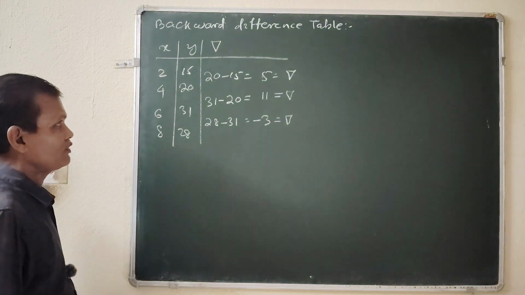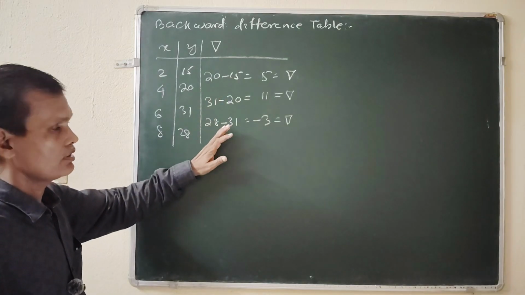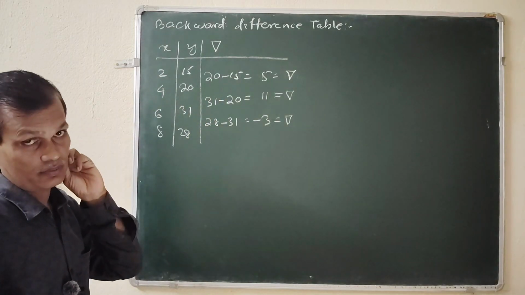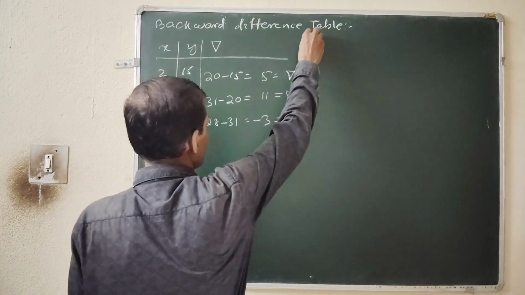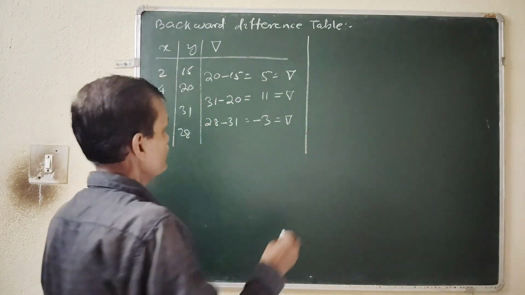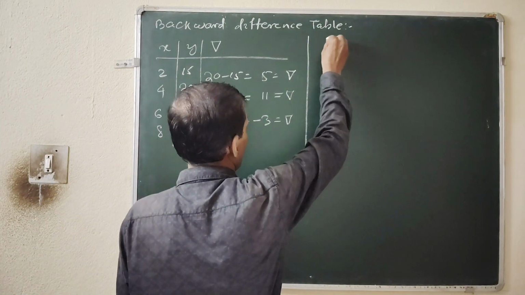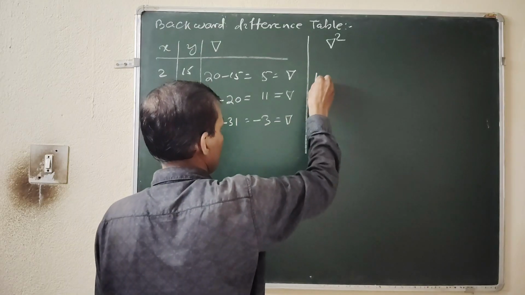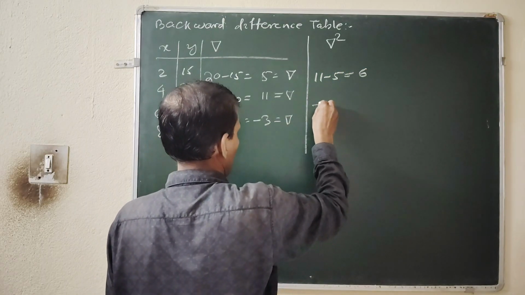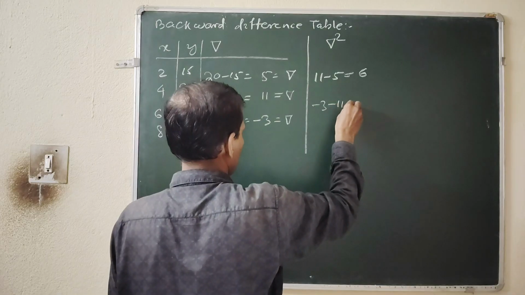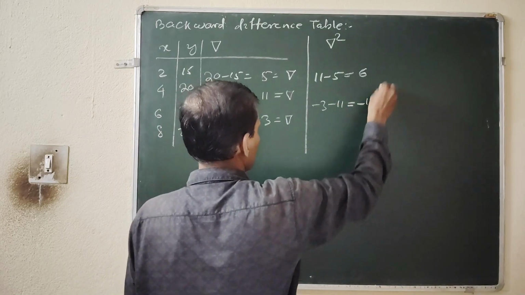Now you mark, actually the same thing we have done here we have also done in the first order. What the difference is, we will discuss later on. So this is the first order backward difference. Then go for the second order: 11 minus 5 is 6, and minus 3 minus 11 is minus 14.